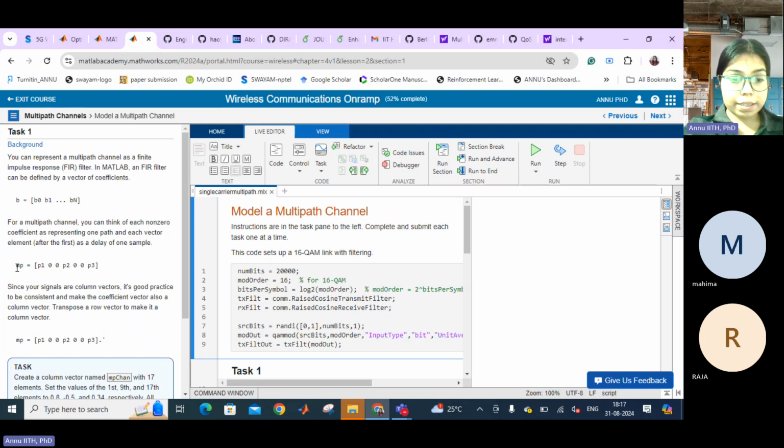So suppose this is MP, where you can think of a non-zero coefficient representing one path and each vector element as a delay of one sample. So suppose this P1, then 0 0 is the delay, then P2, then 0 0 delay, then P3.